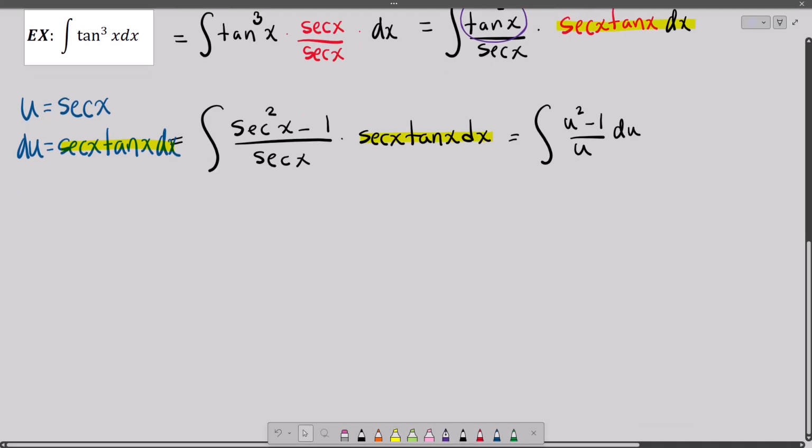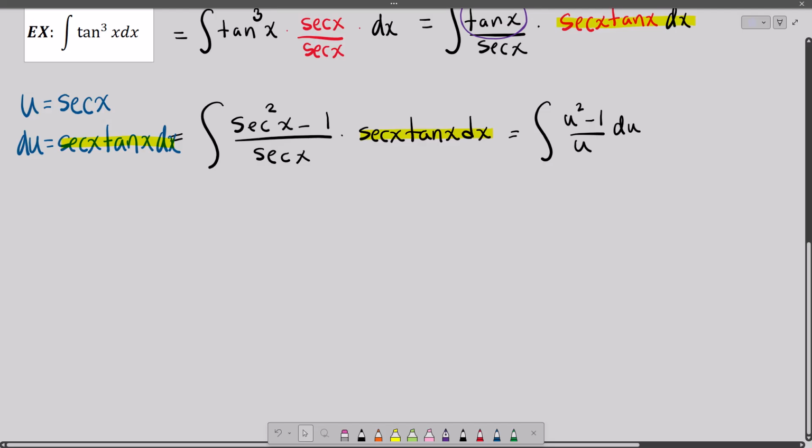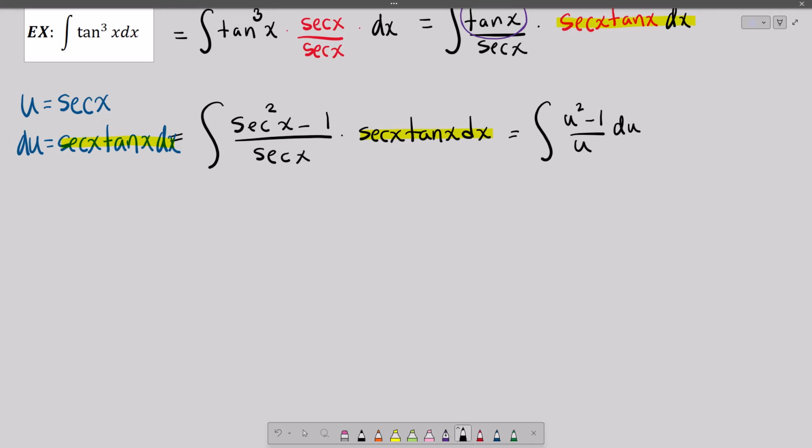We have that. And how do we integrate that? There's two ways that we talked about on Tuesday. One way's easier than the other. Long division. We could do long division because it's top heavy. That's improper. Or we could split the fraction into two. And the long division will actually give us the exact same expression if we just split this. So if we split it, we have that. We take that u and distribute it.